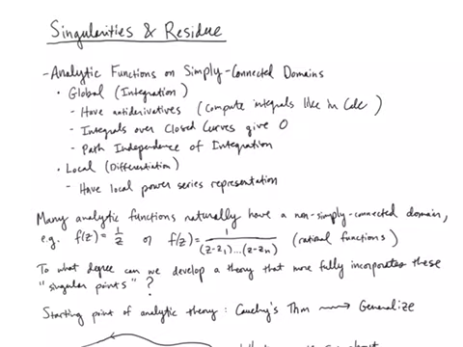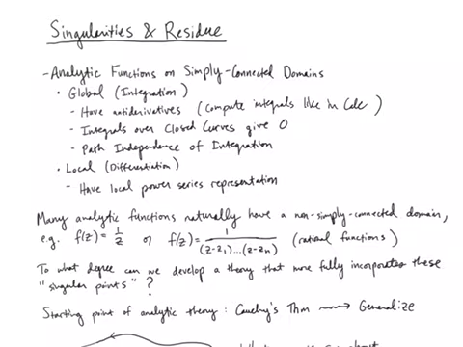More generally, you could look at something like f of z equals 1 over (z minus z1) dot dot dot (z minus zn). These are examples of rational functions. Wherever the denominator is 0, that's not going to be in the domain of your analytic function, and so you're going to have a non-simply connected domain.